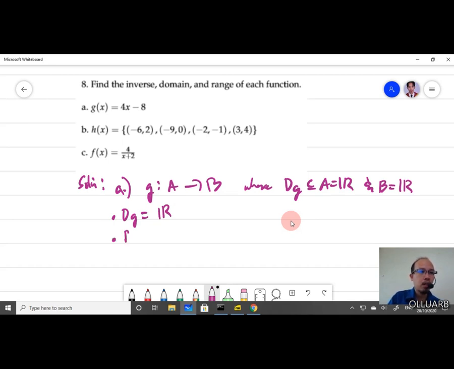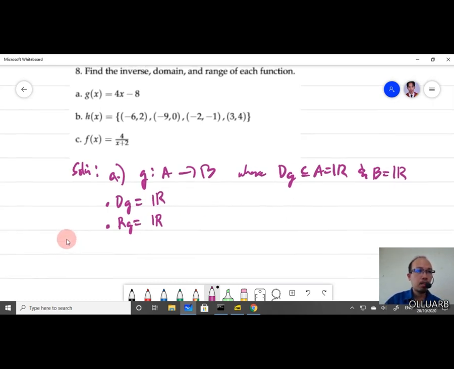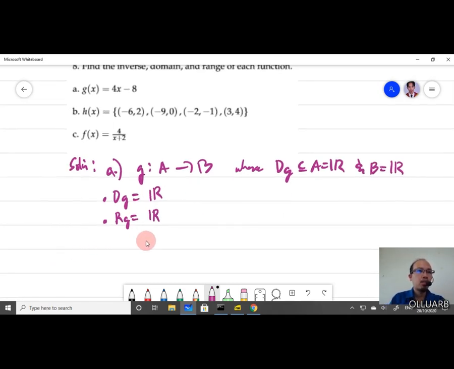So to find the range, this is linear, so the range is expected to be the set of real numbers, but you have to use the steps that I discussed before. All you have to do is solve for x in terms of y, and then determine the values of x for which y is well defined.